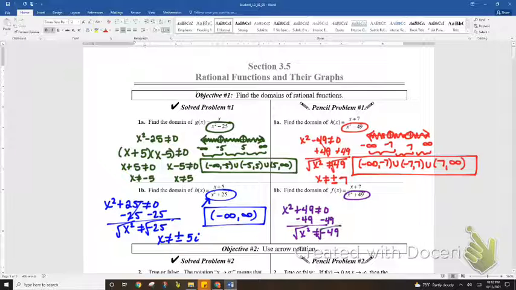Take the square root, and x cannot equal plus or minus 7i. Because it can't equal an imaginary number on the x-axis, our domain is negative infinity to infinity. Notice both of these were sums of squares. Anytime you have a sum of squares in your denominator, your domain is going to be all real numbers.